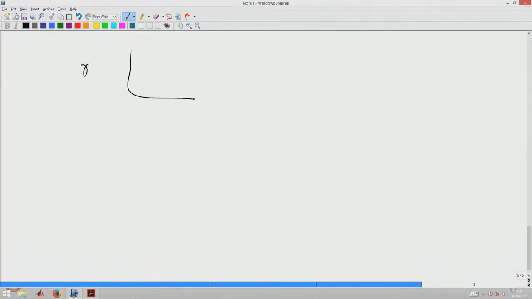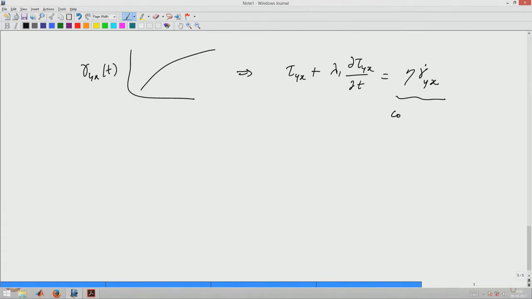So, I will say that I will apply a gamma Yx which is achievable, and maybe it is like this. Now, can I analyze the material response? If you remember in the case of the Maxwell model, we had tau Yx plus lambda 1 del tau Yx by delta t is equal to eta gamma dot Yx, and for a constant strain this was 0.